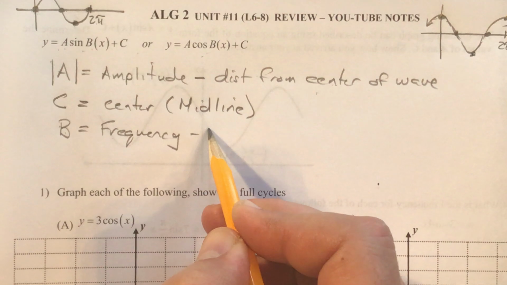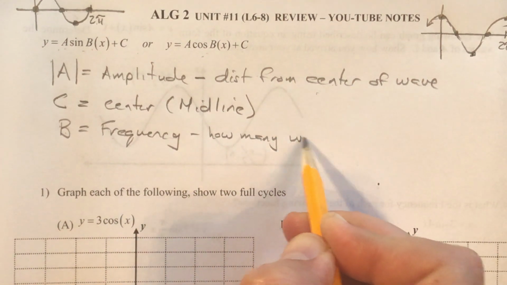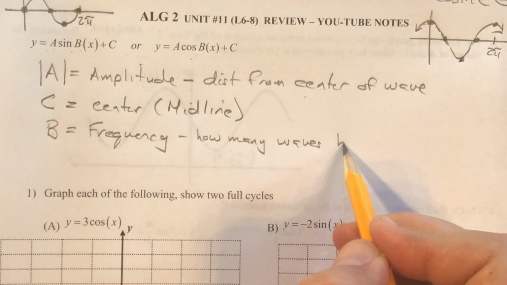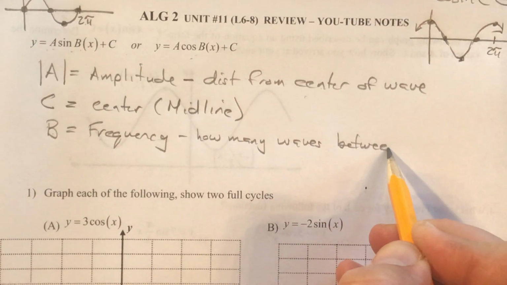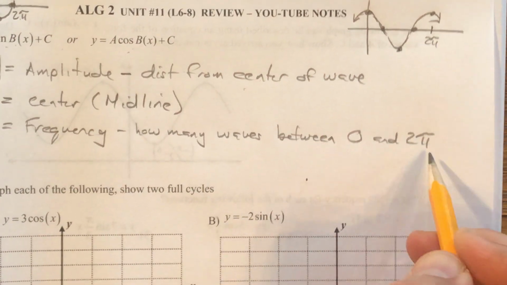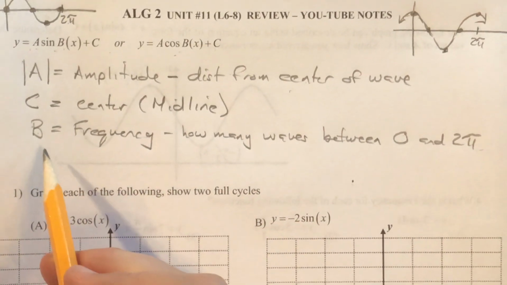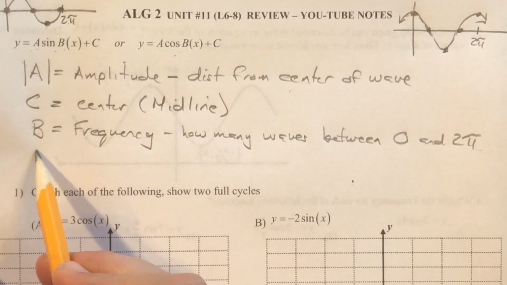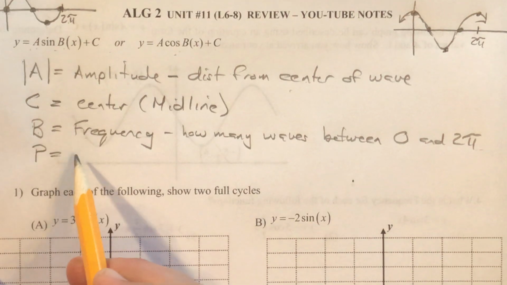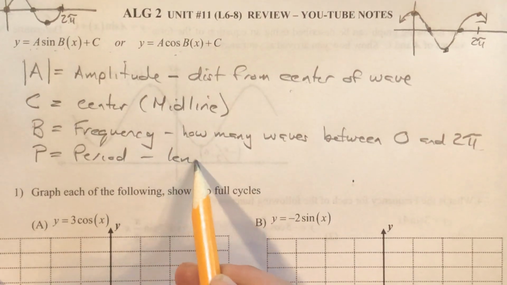That is how many waves between 0 and 2 pi. Notice, by the way, we're always in radians. We're not doing anything with degrees. All right, and then finally, you gotta know what period is. I'll say P for period. Period is the length of one wave.